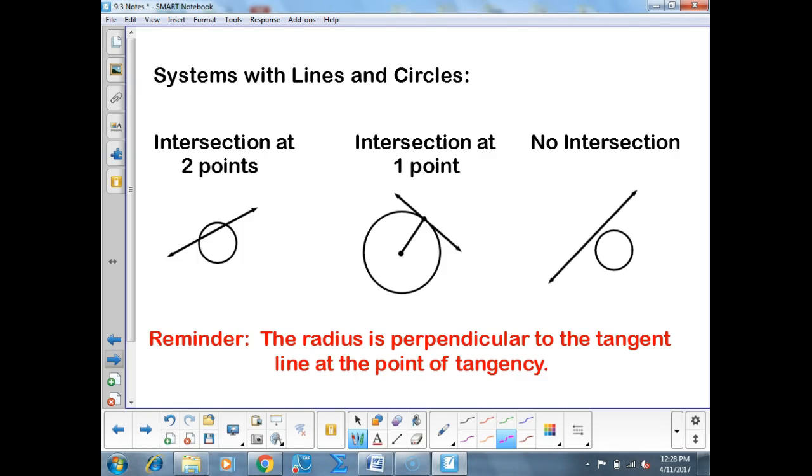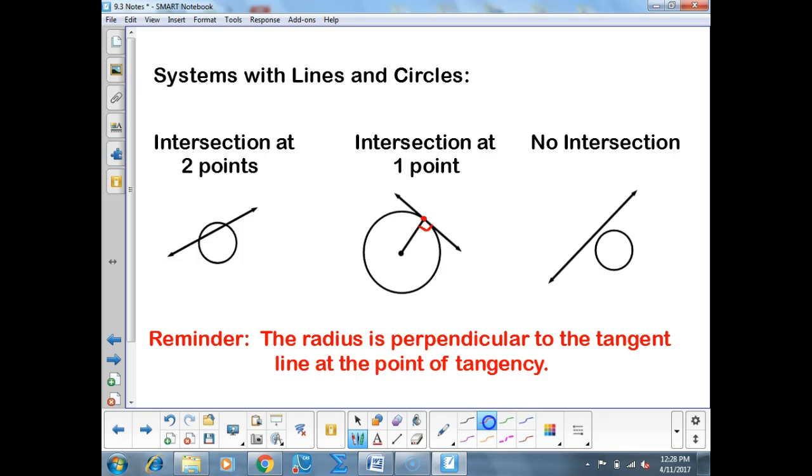What I need you to remember from geometry is that the radius is perpendicular to the tangent at the point of tangency. So right there, this right here is the point of tangency. The radius is perpendicular to that line.